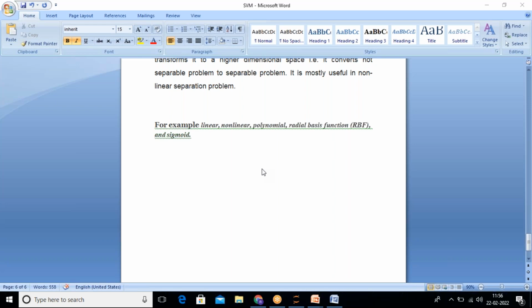Now, the major kernel functions in use. First of all, I would like to tell you about the linear kernel.